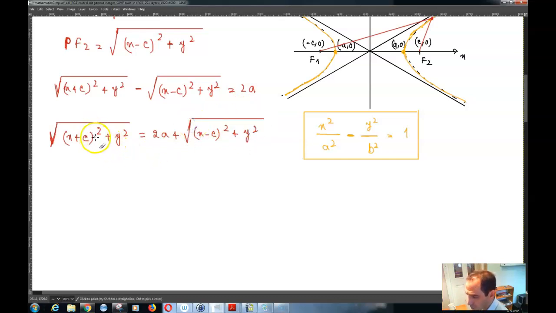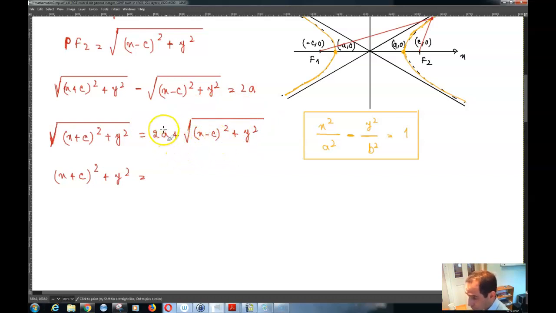And then if I square both sides of this equation, what I will get is X plus C whole squared plus Y squared is equal to, this is A plus B whole squared.